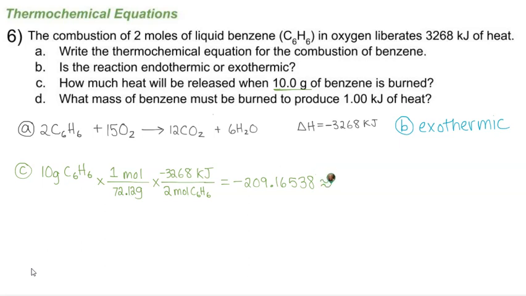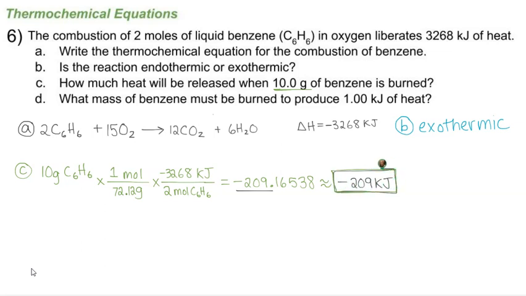And I do need to round to just 3 significant figures here to match the 3 that I started with, so I will round to negative 209 kilojoules. So there is part C. And we can also outline this in green so it's clear that it's the answer to part C.